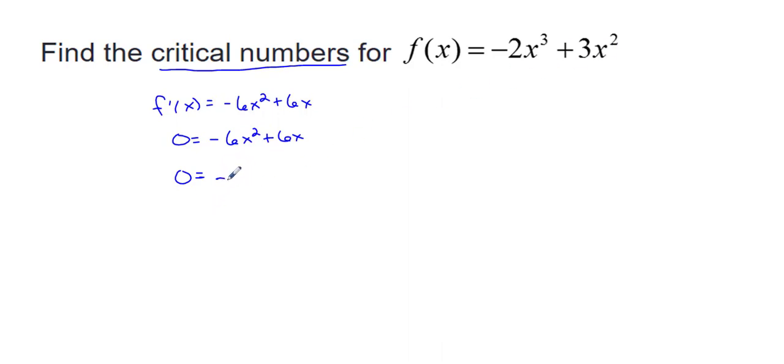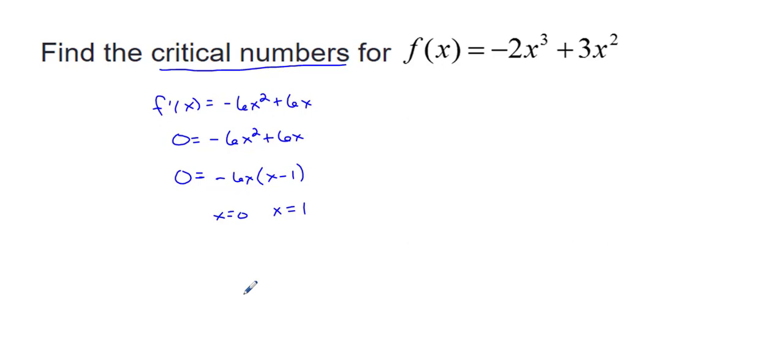All right, I'm going to factor out negative 6x. And then what do we get left? x minus 1. Using the zero product property, set each one of these factors equal to 0, right? You guys did that in Algebra 1, Algebra 2, whatever. We get x equals 0 from this factor, and then we get x equals positive 1 from this factor.